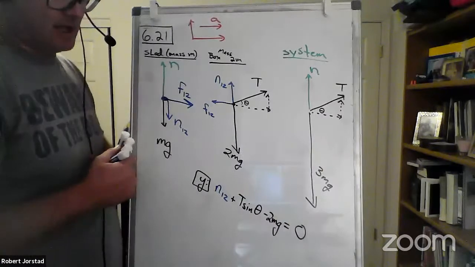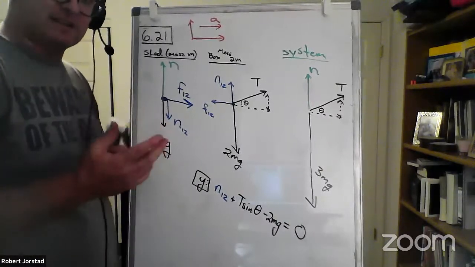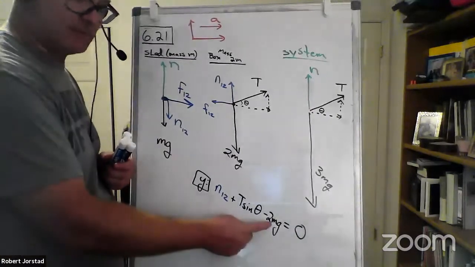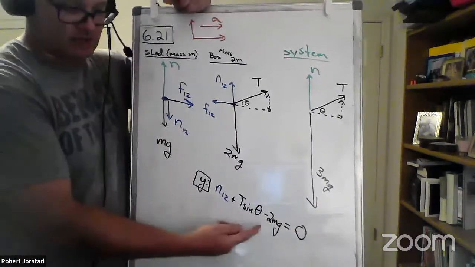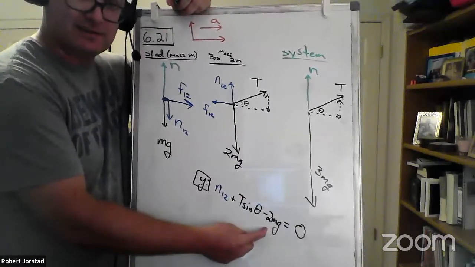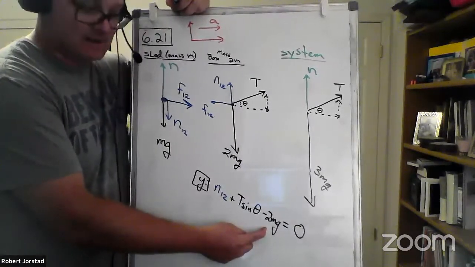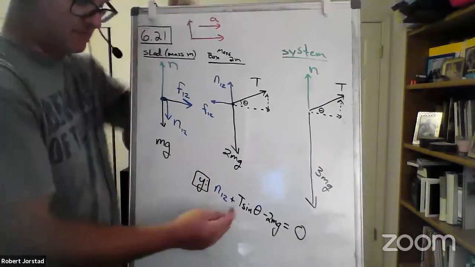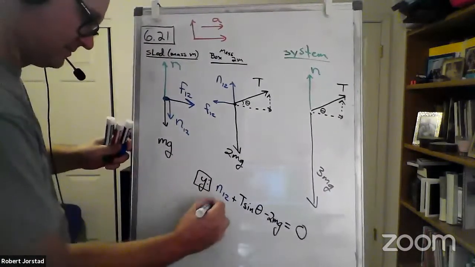Okay, so in this case, I just want to point out, I was trying to trick Jacob earlier into thinking N12 was 2mg. But do you agree from this equation that N12 is not 2mg? It will be 2mg minus T sine theta.